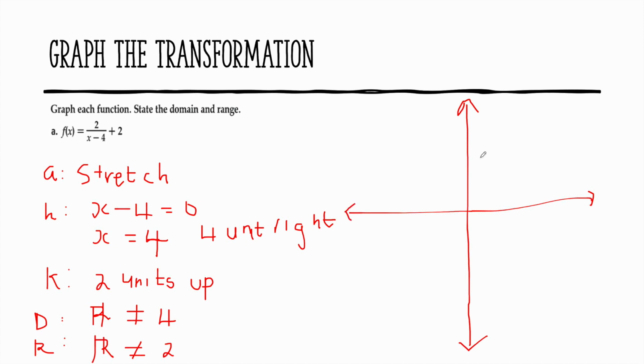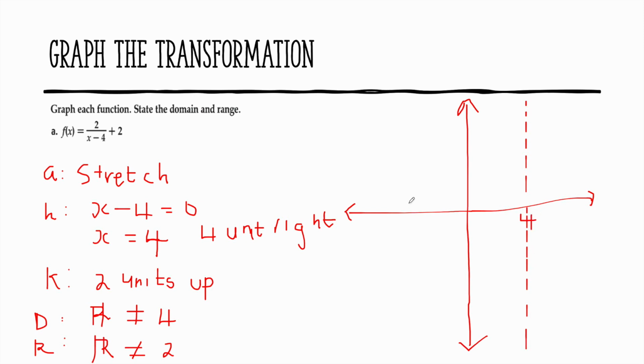So the stretch, you can observe it when you have your original and the other graph, then you can observe the stretch when your scale is drawn accurately. But now I'm just going to focus on h. So my x, which is the vertical asymptote, is 4. So I'm just coming here and saying my vertical asymptote is 4.